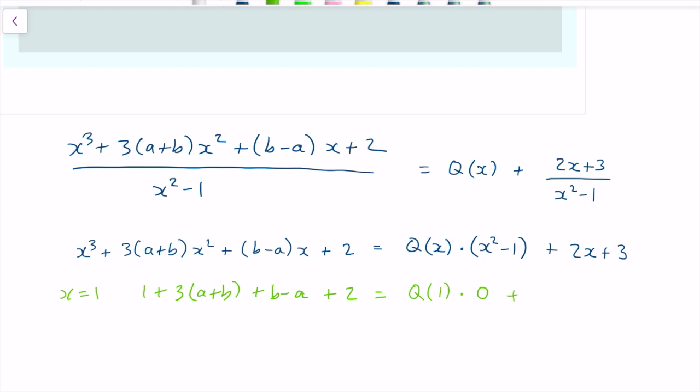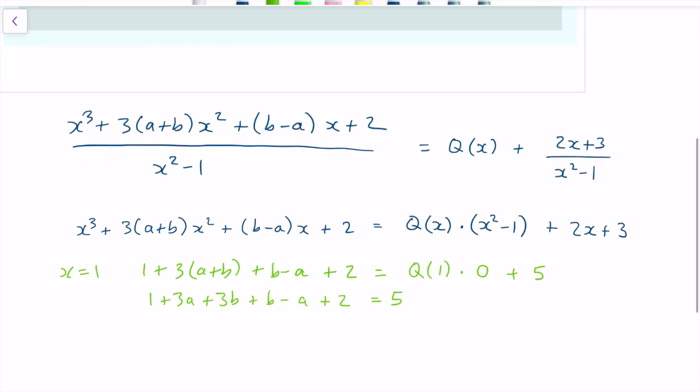And then subbing in 1 into the remainder gives us 5. So we end up with an equation that we can simplify. 1 plus 3a plus 3b plus b minus a plus 2 equals 5, or 4b plus 2a equals 2.